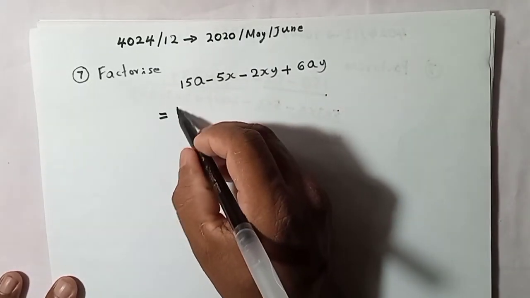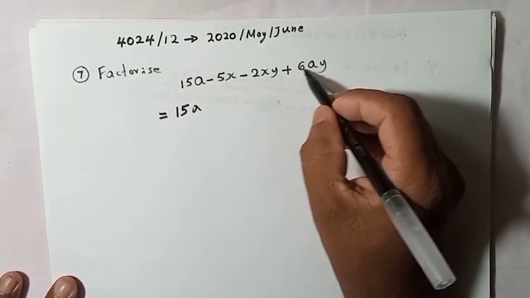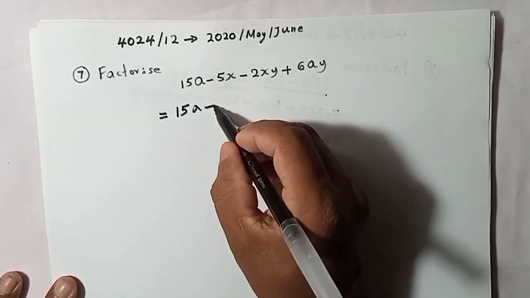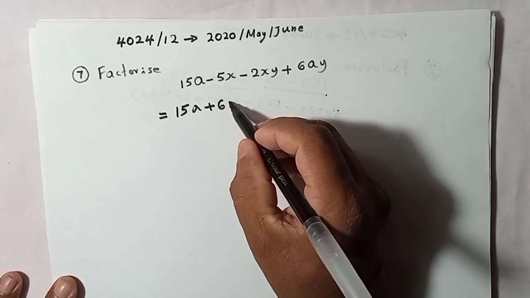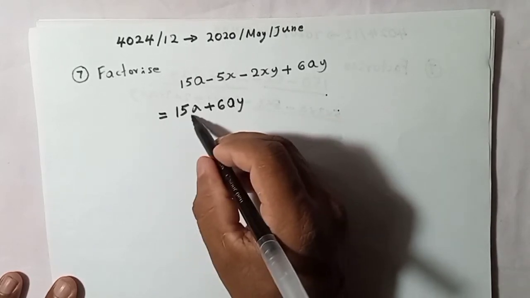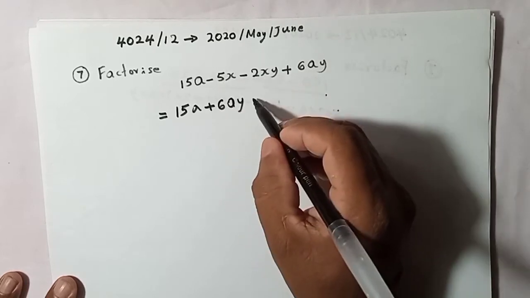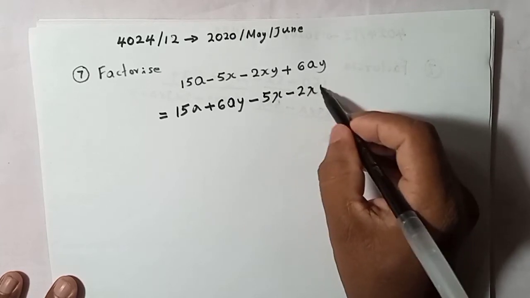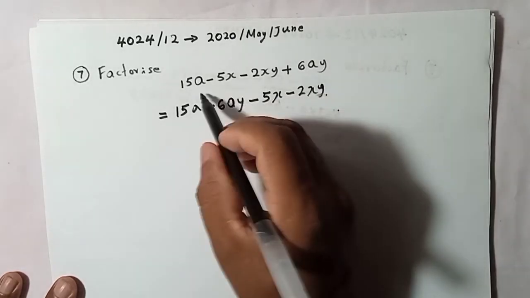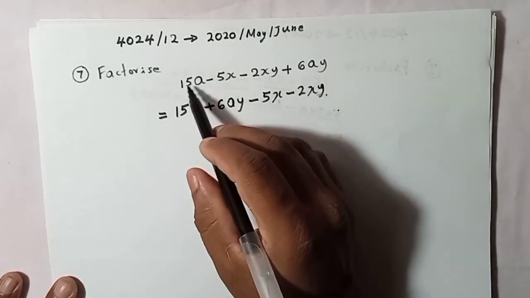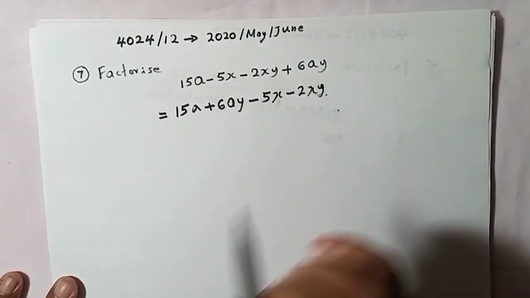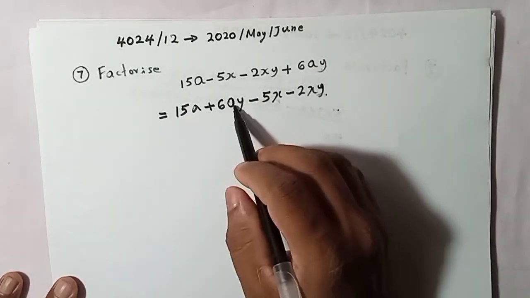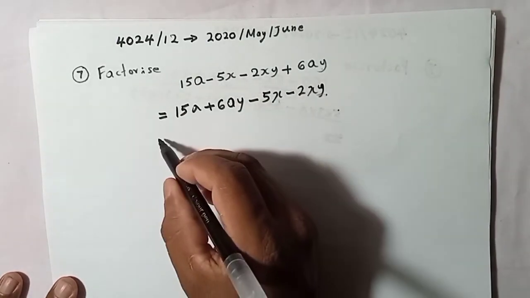Now look, I will do it this way: 15a, and plus 6ay, so I will put that close to plus 15a. Now this is plus, this is also plus. These two are minus, so put both terms together, it's okay. Remember, you can change these orders as you wish, it doesn't matter. You can bring this term here, this term there, like that. But here I did this plus, this also plus, so that's why I put them together, and these two separately.